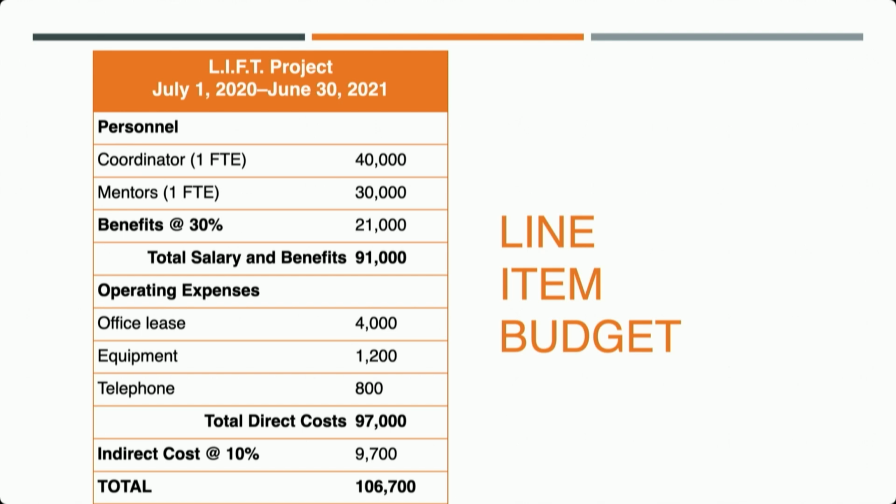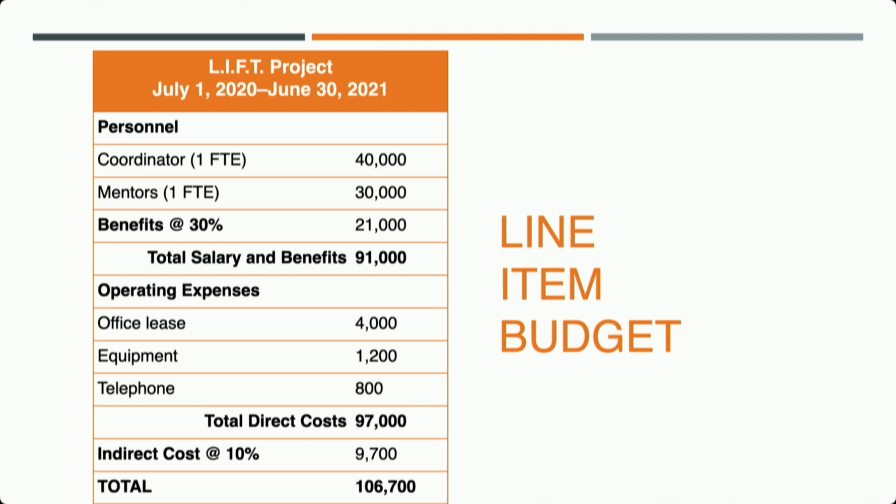The line item budget. I took an actual organization and created essentially three of the budget types to show you what they look like. You will notice that personnel is the first category listed, followed by the benefits. And the benefit rate will vary by organization as a percentage. Then you have the first direct category, salary and benefits, $91,000.